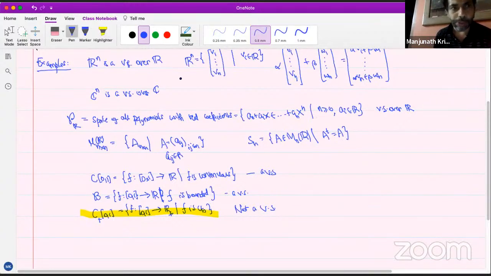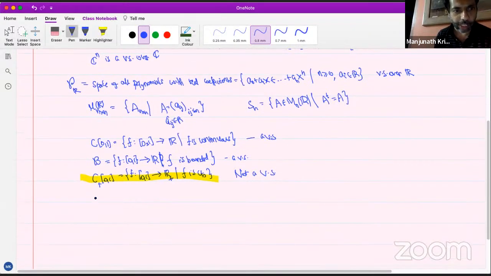Another useful kind of example always to keep in mind is another one, which I'll just put down here. L1 and L2. So let me give that. L1 is the set of all sequences x. Elements of L1 are sequences of real numbers such that the summation of mod xi is finite.